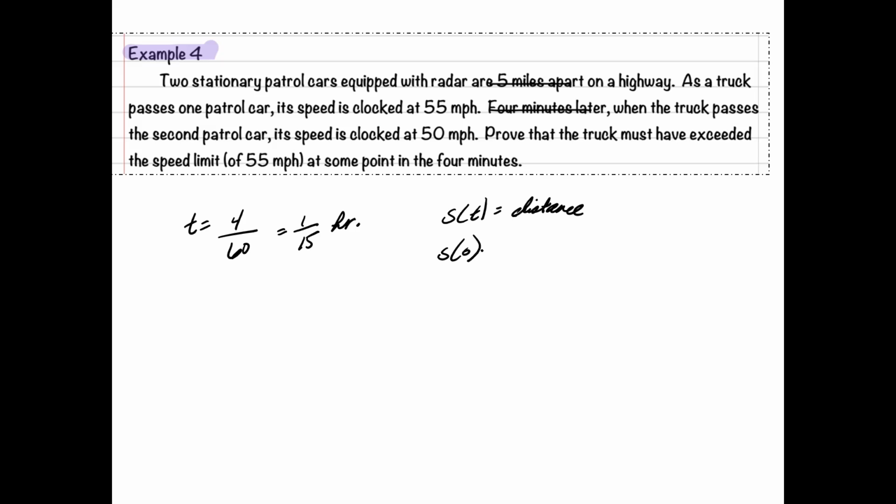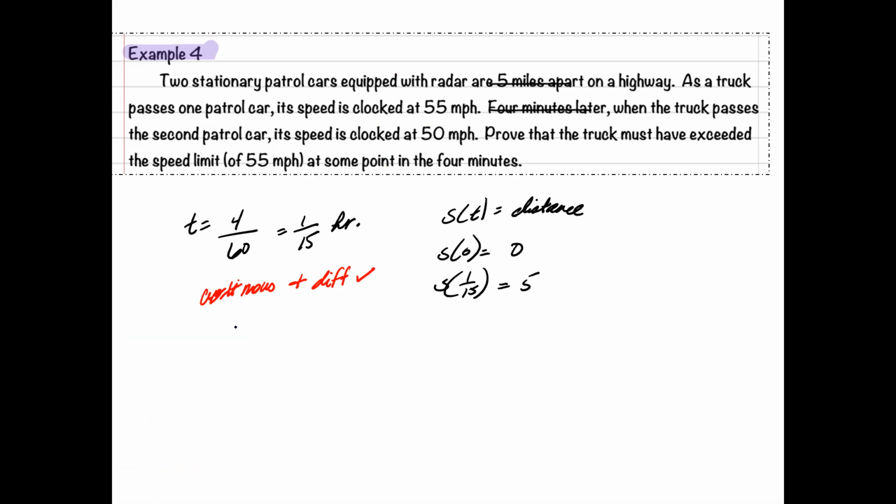So then S of 0 is going to give you 0. S of 1 over 15 is going to give you 5. So then there are two conditions. We must check this first before we proceed any further. First one is, is your function continuous? And is it differentiable? And yes, it is.